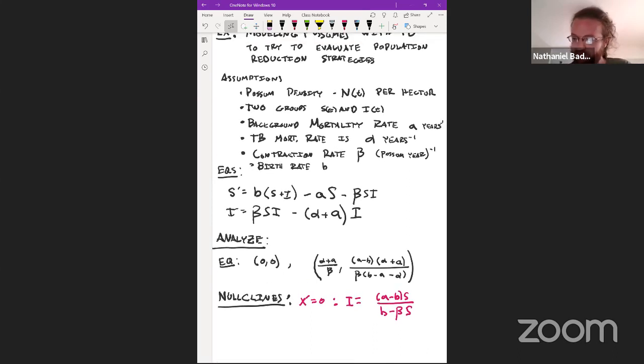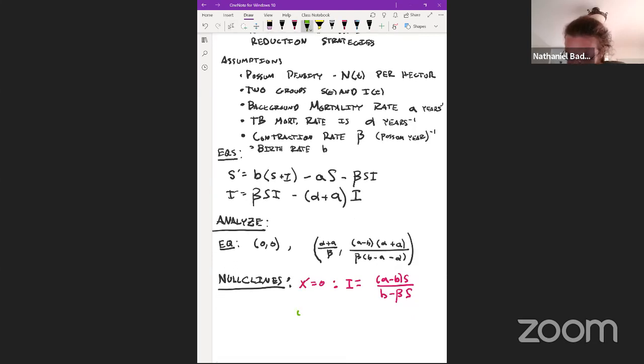So this is one of our null clines, and the other one, of course, is going to be y prime equals 0, which is, well, we've got I equals 0, and we've got S equals alpha plus A over beta. Great.